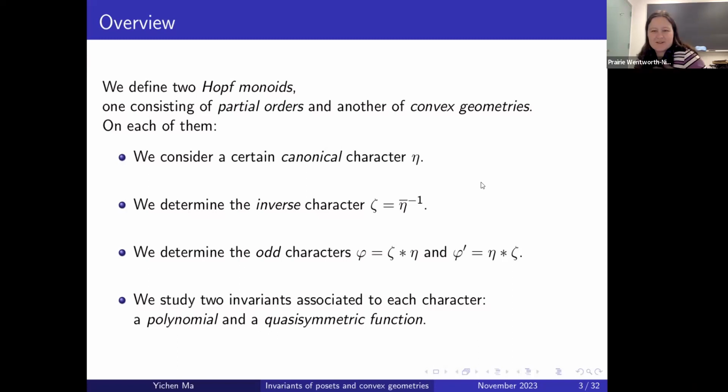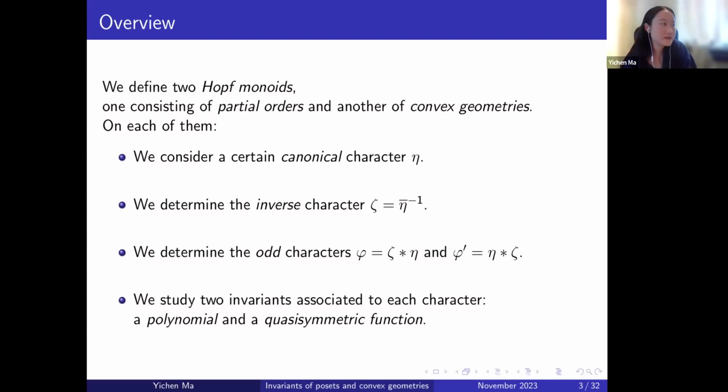There's a question in the chat that I want to read out to you. It says, nice talk. Have you worked on the antipode formula for Hopf monoids of posets and convex geometries? Can these Hopf monoids be realized as sub-Hopf monoids of the generalized permutohedra Hopf monoid? Okay, on the posets, we know the answer. Marcelo Aguiar, who is my advisor, has a paper on Hopf monoids of generalized permutohedra, and he discussed some nice description of the antipodes on the posets.